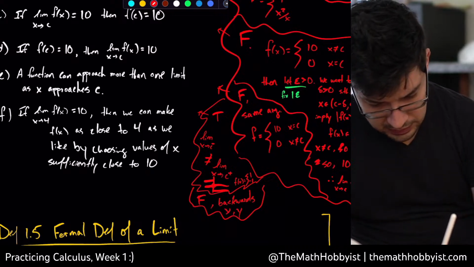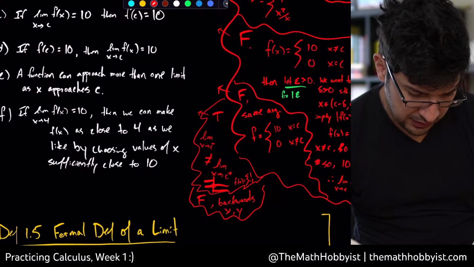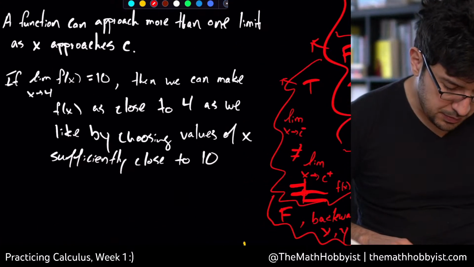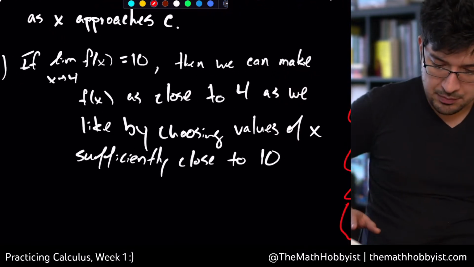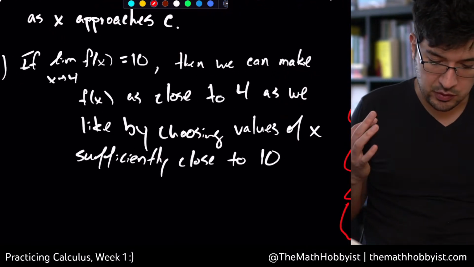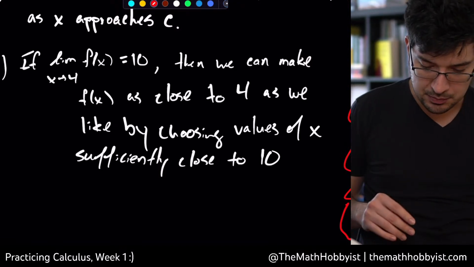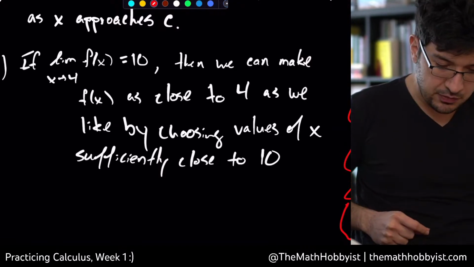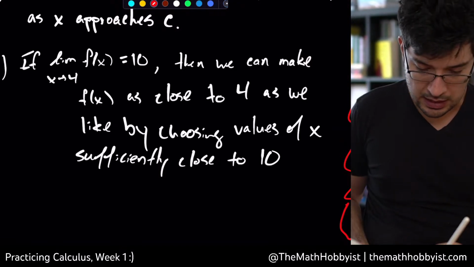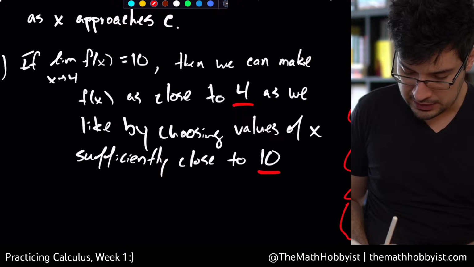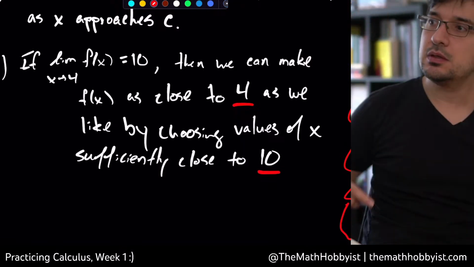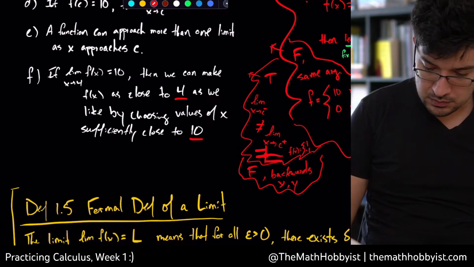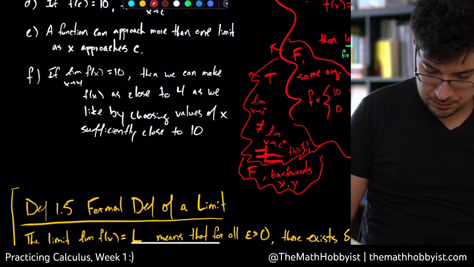And it has the x and y values kind of swapped. It would be true if we said we can make the value as close to 10 as we like by choosing values of x sufficiently close to 4. So it got this 4 and 10 swapped. Those two are backwards. So, yeah, it's false.